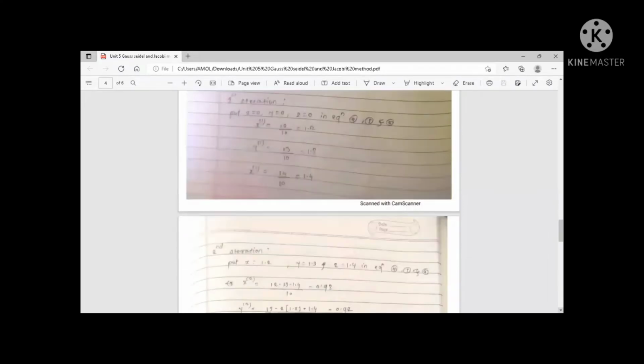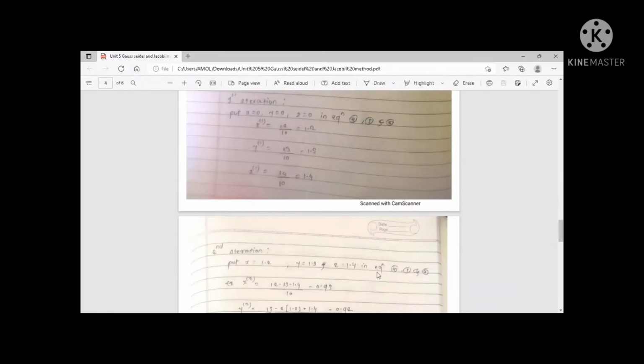Now the second iteration. In the second iteration, the initial values are the first iteration values. It means x is equal to 1.2, y is 1.3, and z is 1.4.